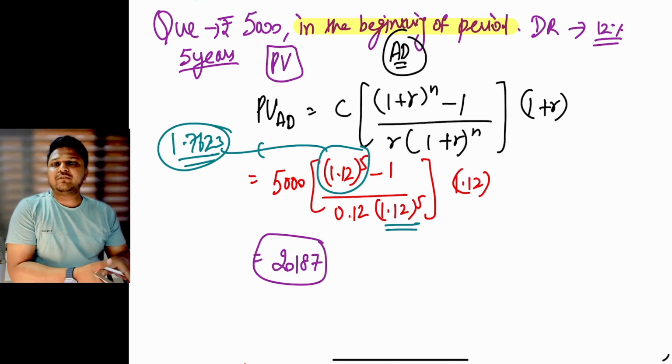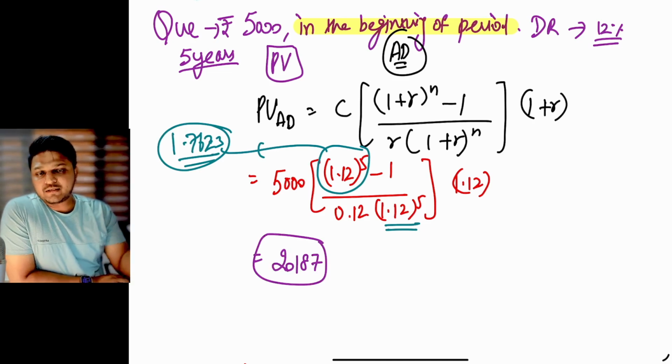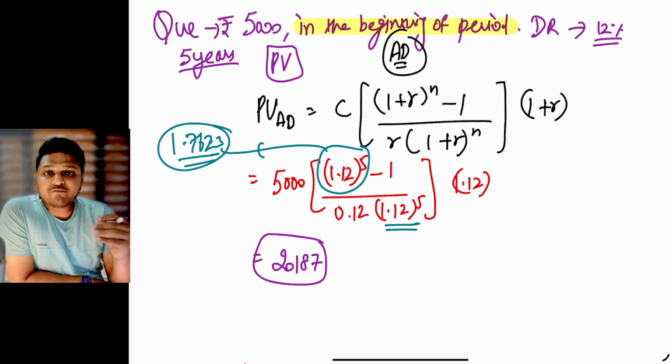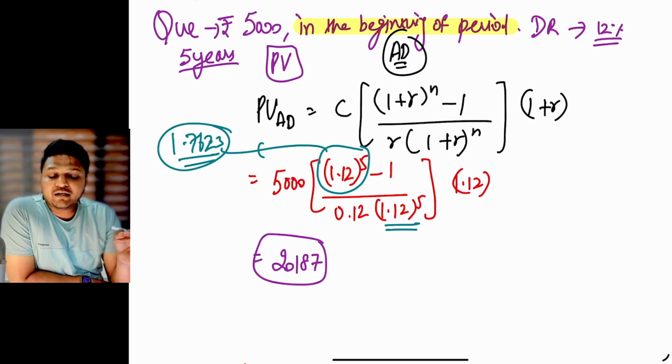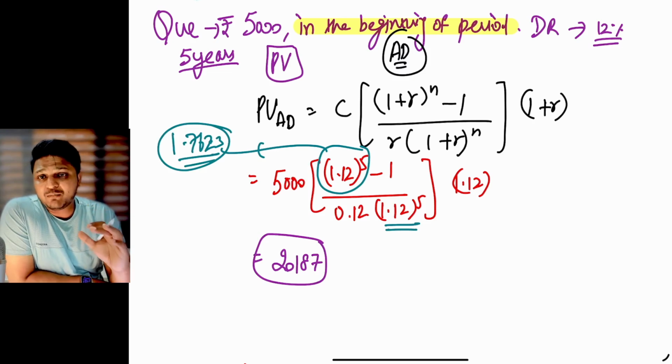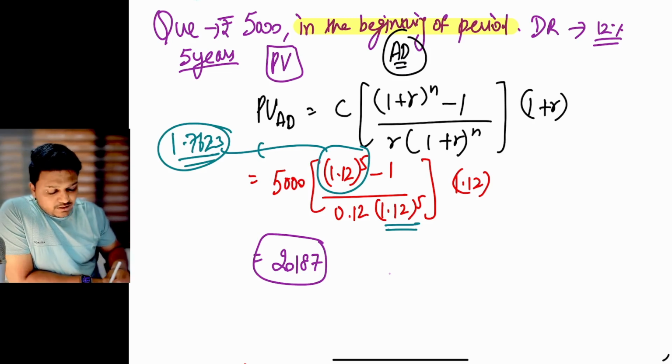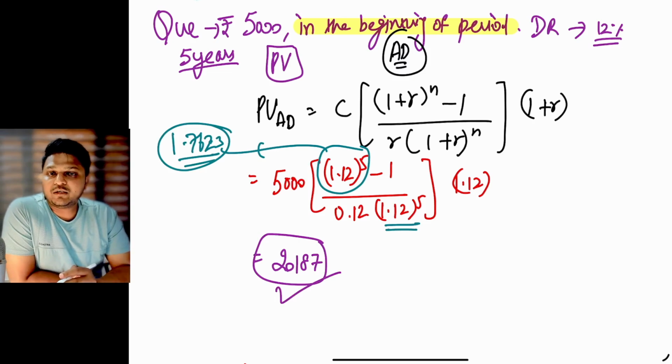So even if we are receiving rupees 5000 for the 5 years, and if the discount rate of 12% is applicable, the present value of the cash flows that we are going to receive every year will be 20,187 only, right?